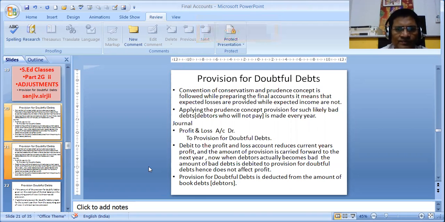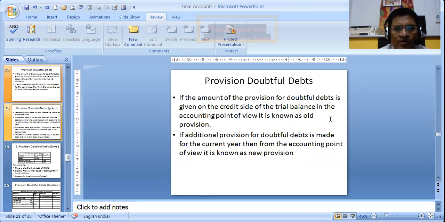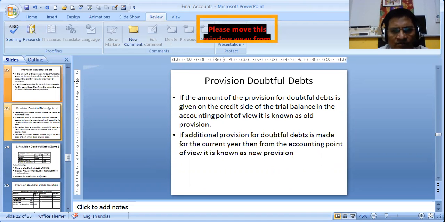Let's see now. Provision for doubtful debts. If the amount of the provision for doubtful debts is given on the credit side of the trial balance, from the accounting point of view, it is known as old provision. If an additional provision for doubtful debts is made for the current year, then that is known as required provision or new provision.